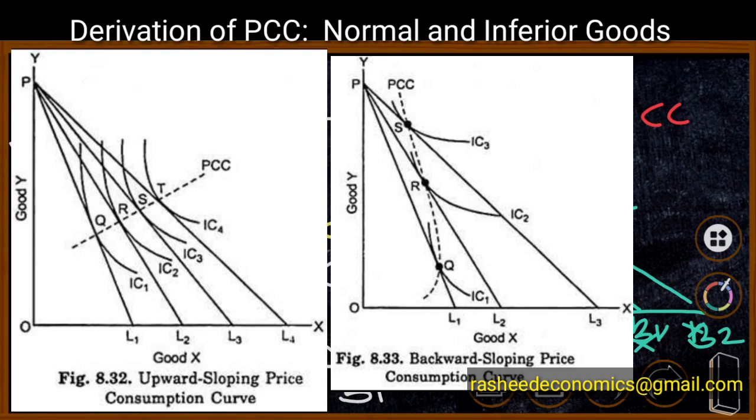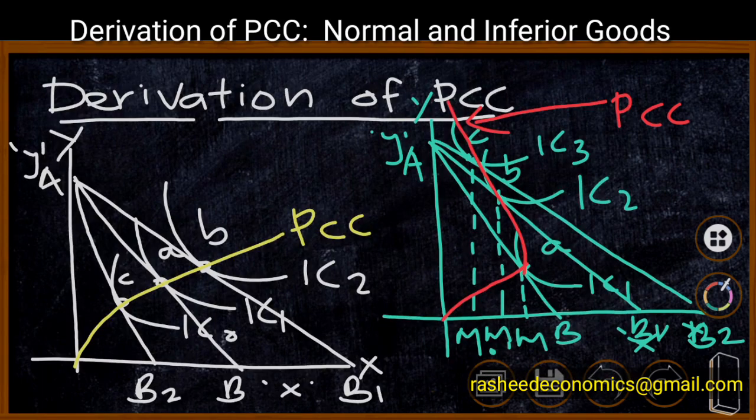Here actually we cannot determine the real nature of product Y because its price is constant. Even with the constancy of its price, the consumer is purchasing more of the commodity as a part of substitution, or because of the inferior nature of product X. This is about the price consumption curve.